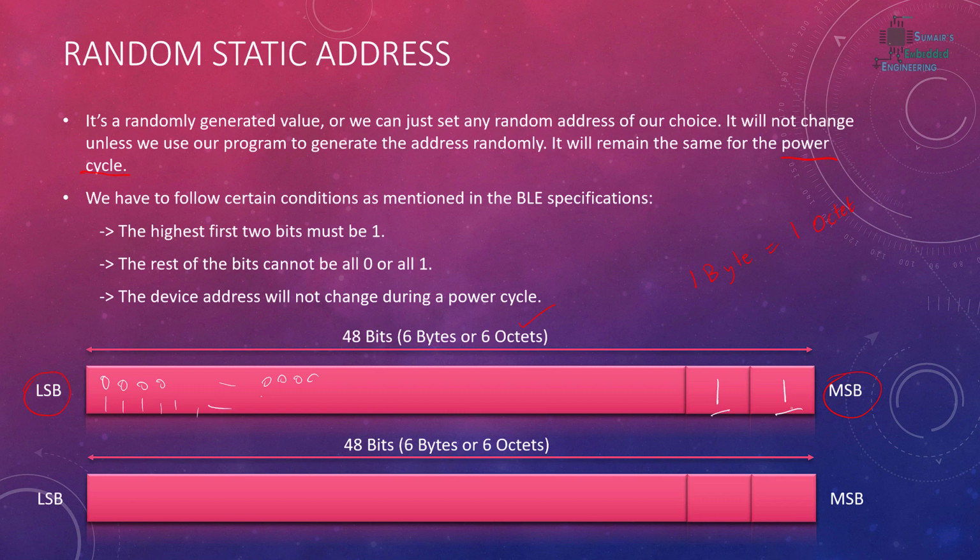So here the most significant bits should be 1 and 1, and for the other bits you can put any address or any random value up to 48 bits. We can adjust this address as we want, so we can write any value in this random static address.